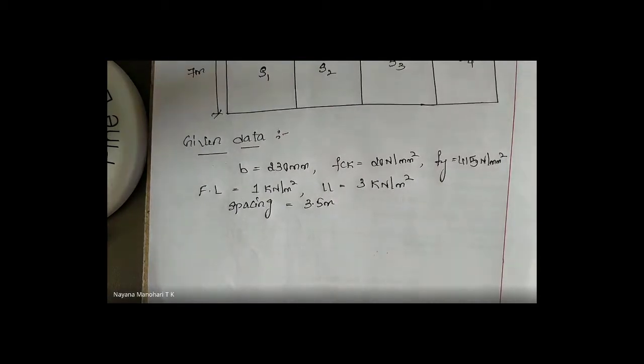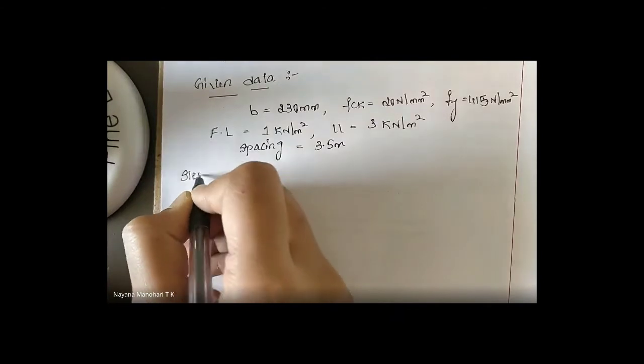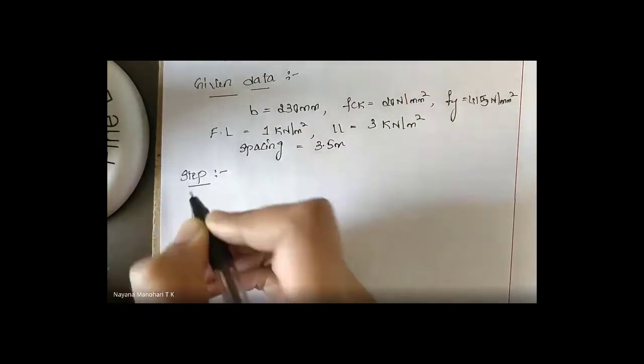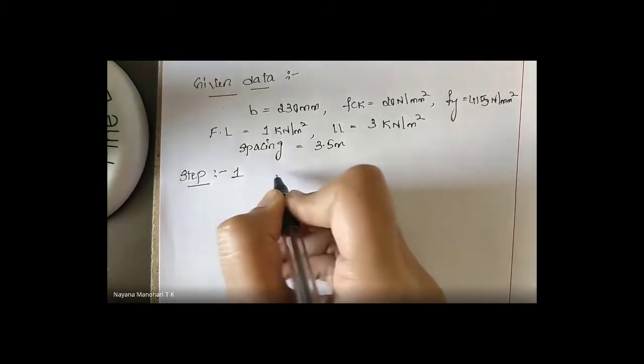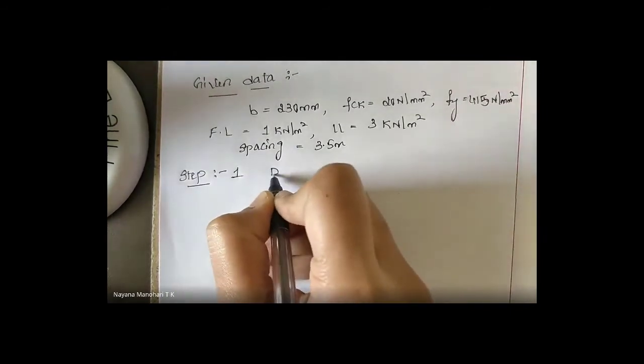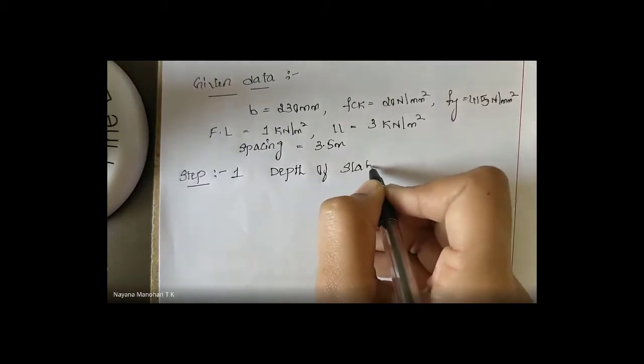Next, step 1 in the design of one-way continuous slab. It is similar to the one-way slab. The first step is the depth of slab.